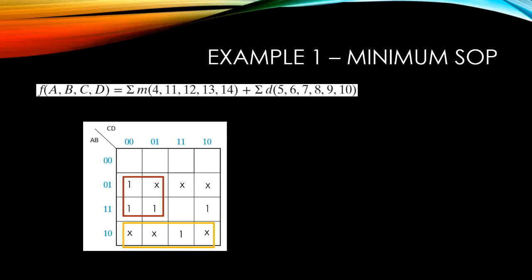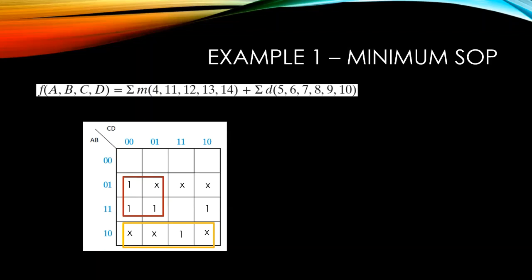How about this min term? In case there is a used don't care, prioritize that don't care instead of the unused don't care. Because you have 2 options here. Group this min term with this X together, these 2 ones, to have a group of 4. But I'm going to prioritize the used don't care.